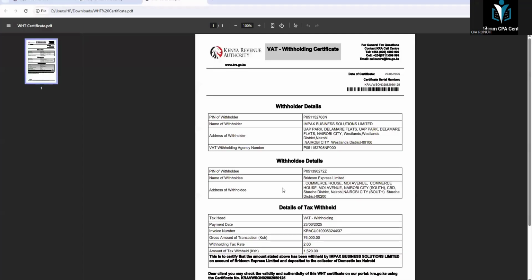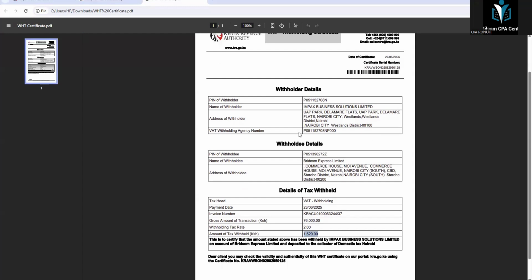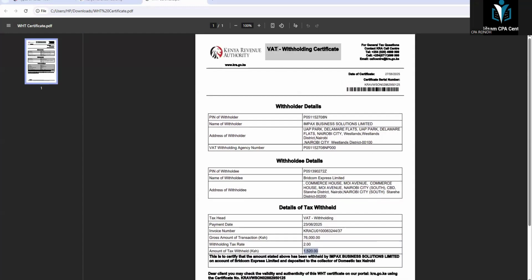You can see it was withheld by the withholder. This is the PIN, this is the company, and this is the invoice number. This is the 2% of the gross amount, which comes to 15,500. So this company will have to issue the withholding certificate to that company.